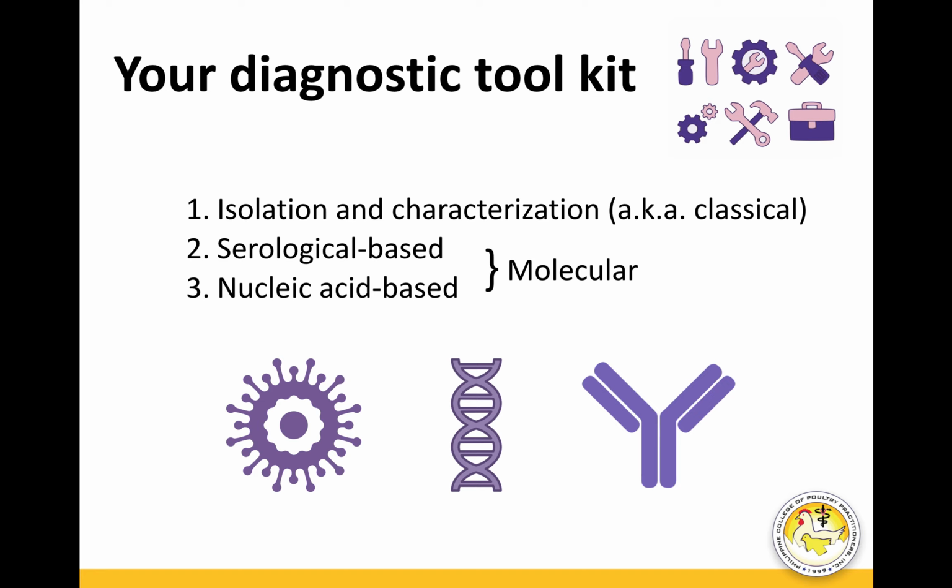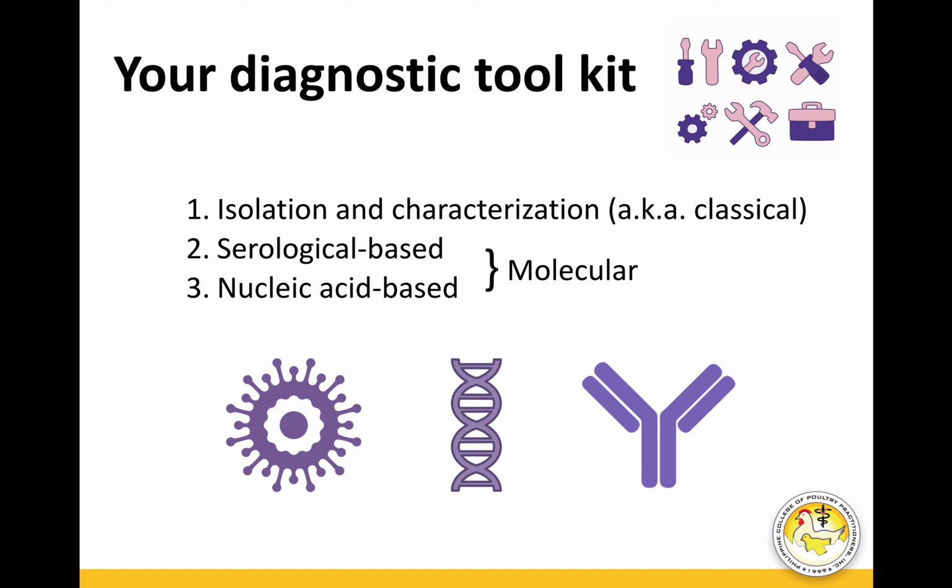Okay, so what are the tools that we have in our diagnostic kits? There are basically three kinds of diagnostic tools. First is isolation and characterization, or the classical method, so actually finding the actual bacteria, virus, or parasites, for example.